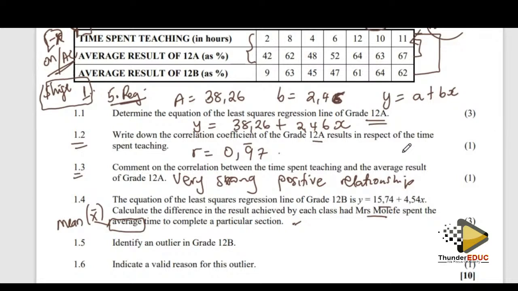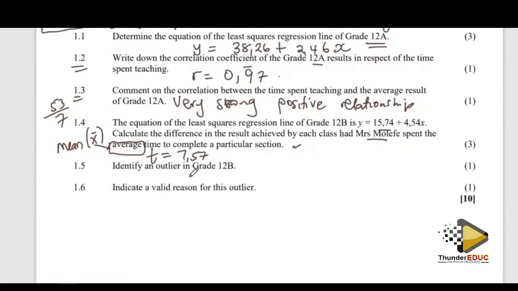Okay, and then I'm going to divide this by 7. So I got 53/7. So our mean time that we're talking about is basically 7.57. Now they want us to use the 7.57, substitute it into this regression equation as well as this one, and let's get the difference between the two.